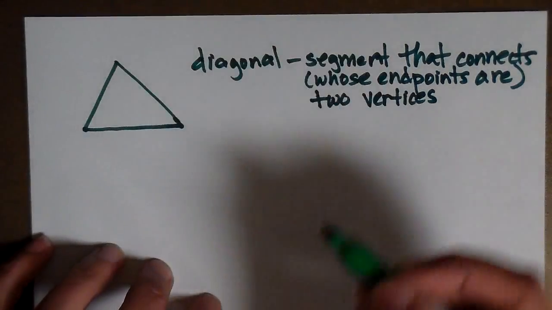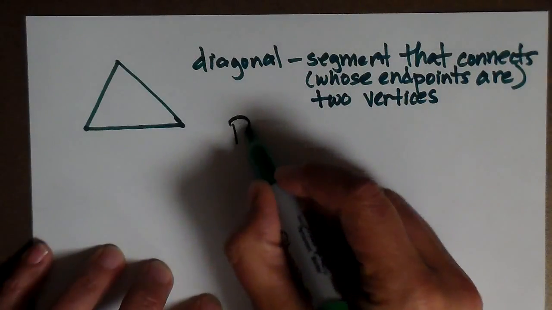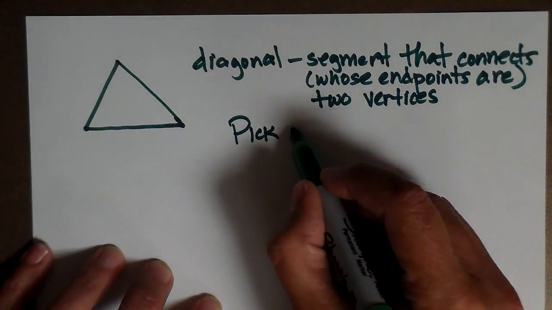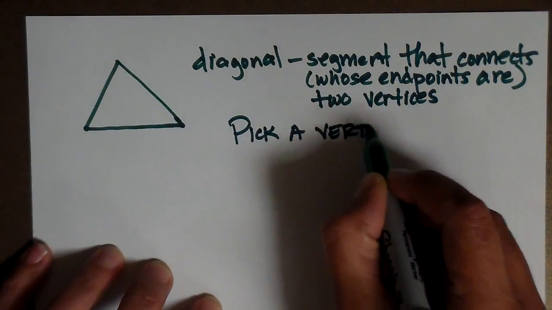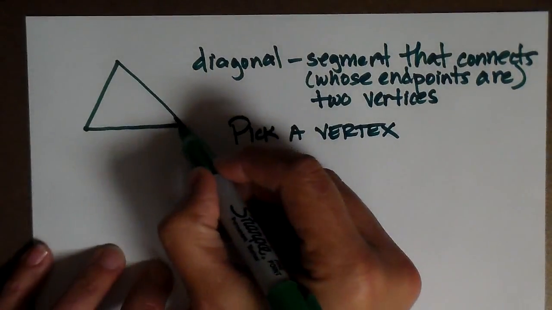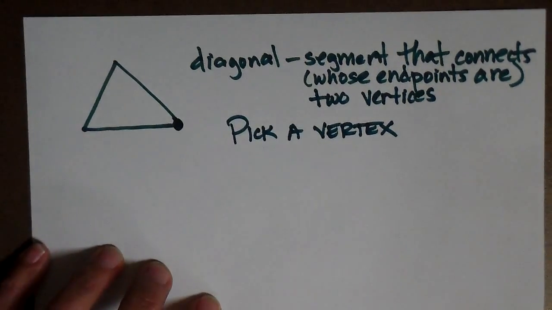So I want to pick a vertex. I can pick any vertex. Pick a vertex, pick a card, any card. Pick a vertex. I'm going to pick a vertex. I'm going to pick this one because I want to.